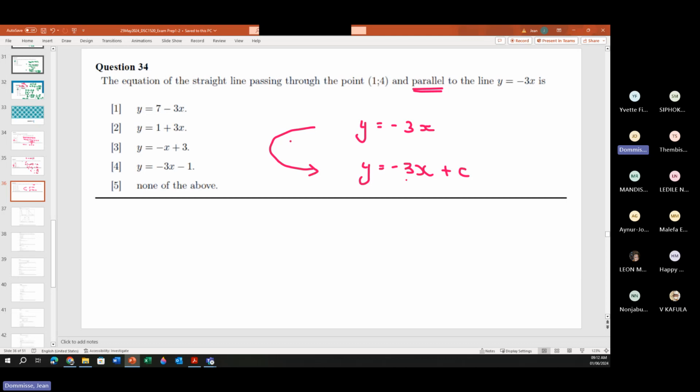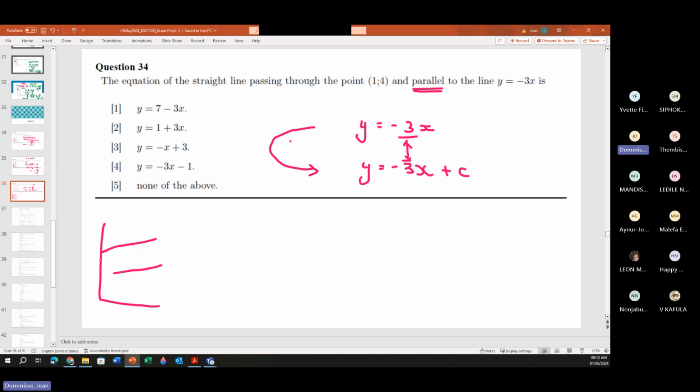Okay, because of a parallel, my m values for both, or my slope for both, will be the same. Let's just look at something. It might not be the right lines, but that slope and that slope is the same.